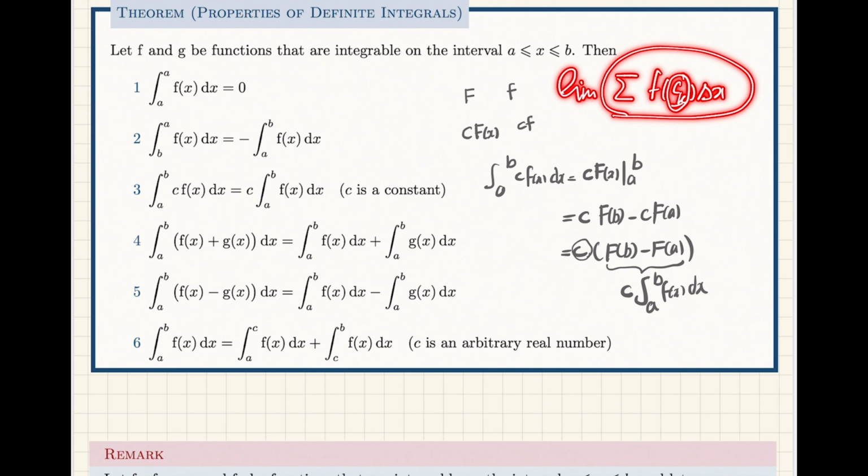It is not clear. If this limit does not depend on the numbers that I choose within these intervals, then this limit exists and is unique, that number is called the integral, and the function is called integrable. Okay, so don't worry about these things.